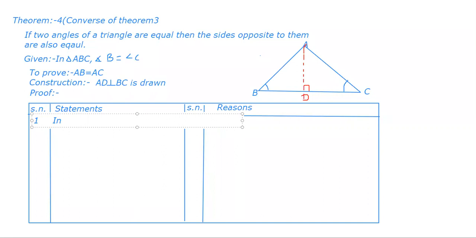In triangle ABD, one triangle is ABD and another triangle is ACD.